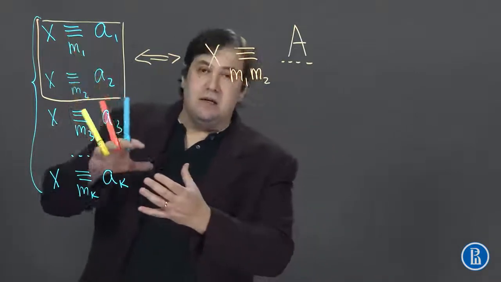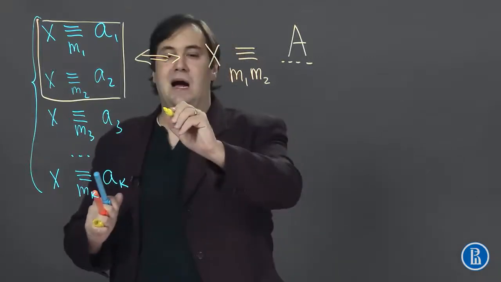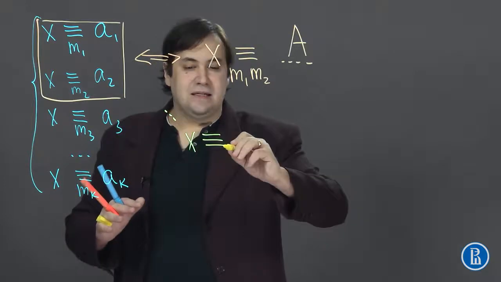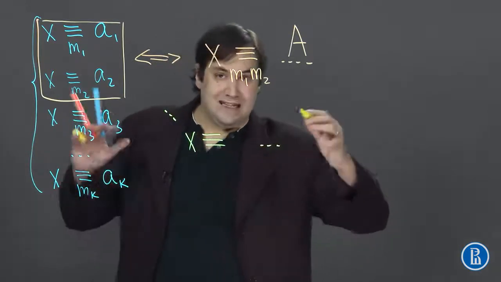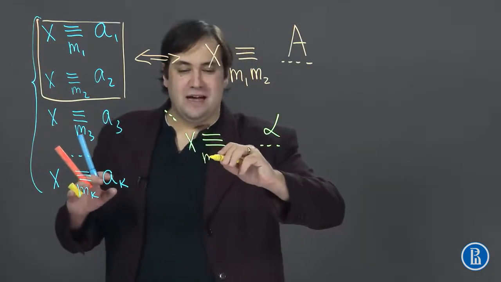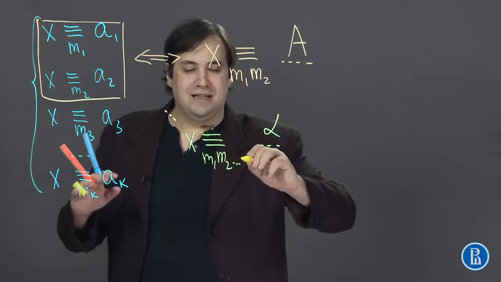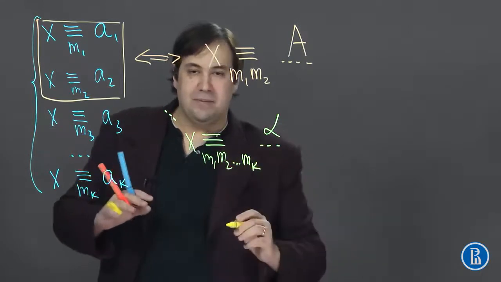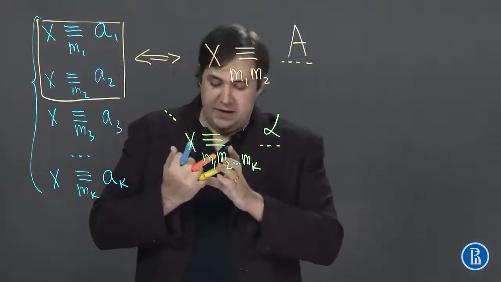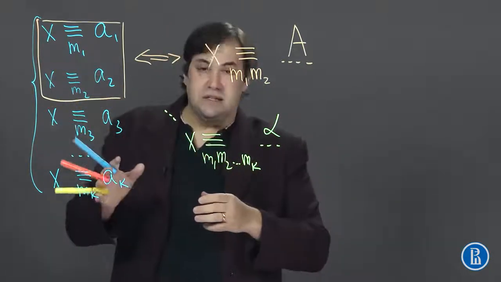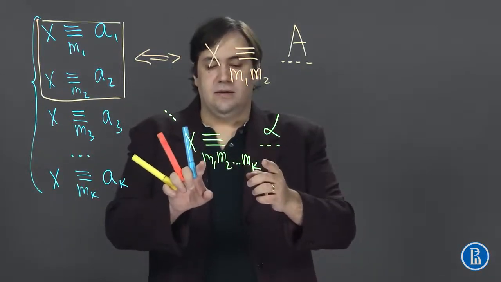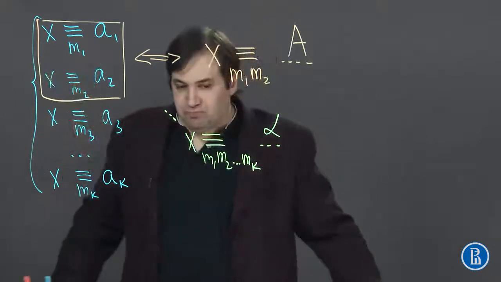And eventually we will come up with one congruence of the form x congruent to, well, something, alpha, modulo m1 multiplied by m2 multiplied by and so on multiplied by mk, and this will finish the proof that the system of congruences has a solution, and the solution is unique modulo the product of all these moduli.